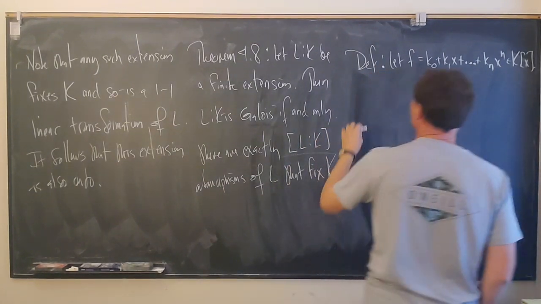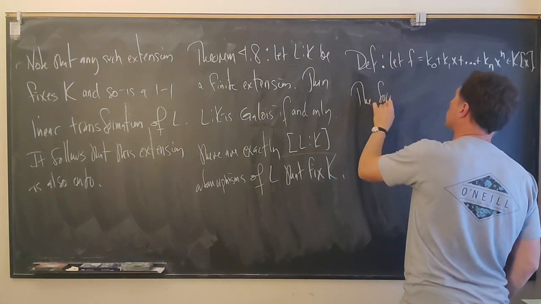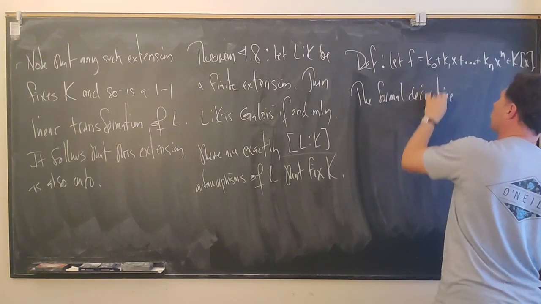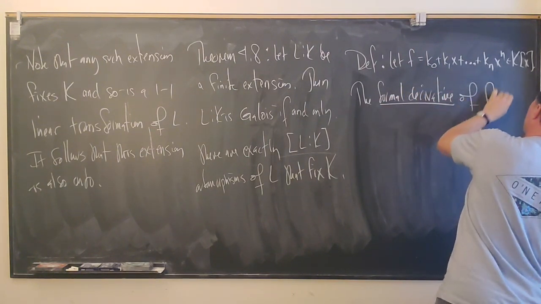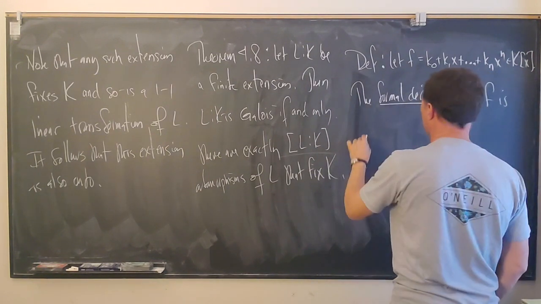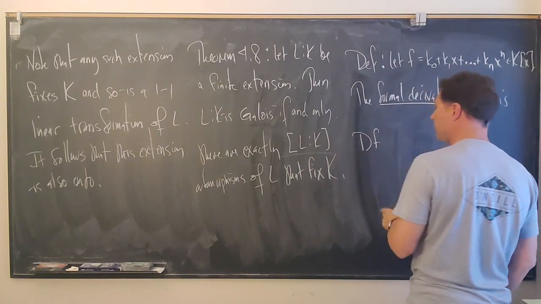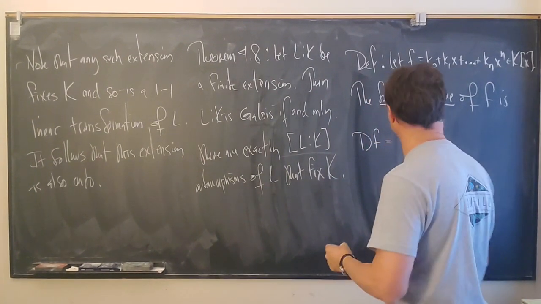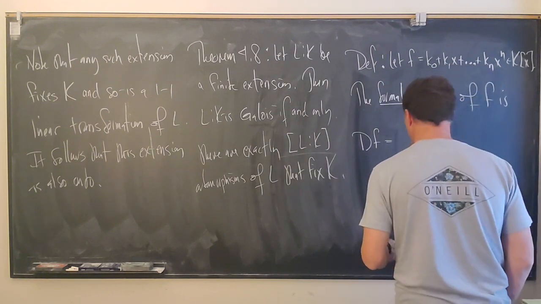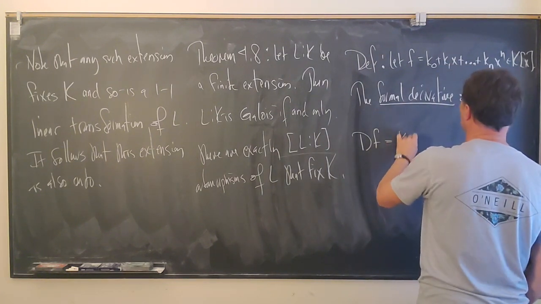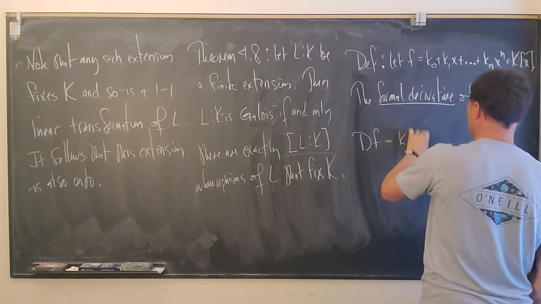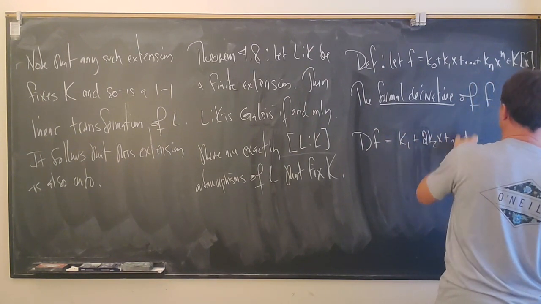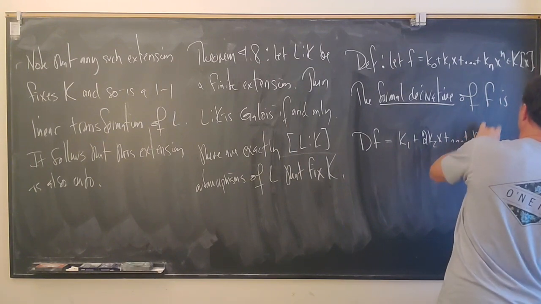Now, the formal derivative of f, which we will write as df, is the derivative just as you learned how to take derivatives of polynomials back in Calc 1. So this will be k1 plus 2 k2x plus dot dot dot plus n k sub n x to the n minus 1.